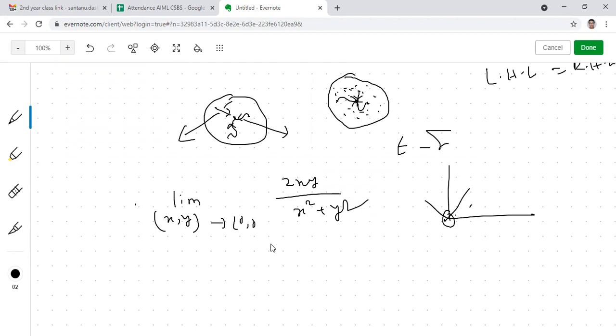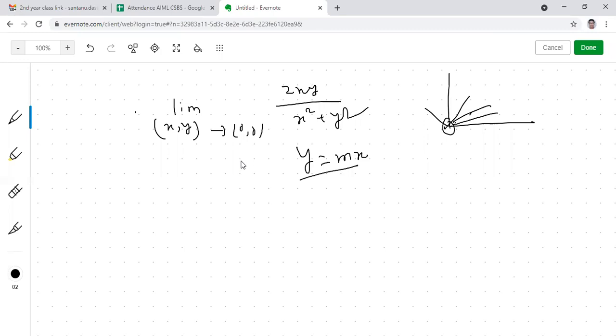Without taking different directions separately, I am taking a family of straight lines: y equals x, y equals 2x, y equals 3x. So I am not taking only one path, rather an infinite collection of straight lines which pass through the origin. By this path, I could approach the point (0,0).